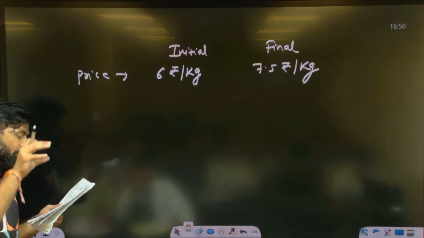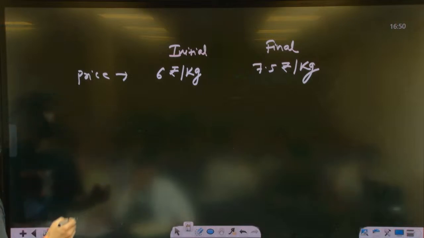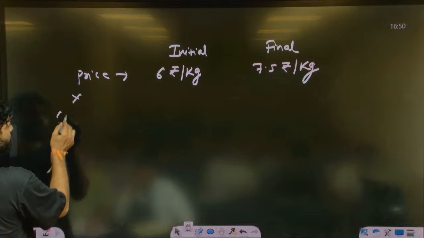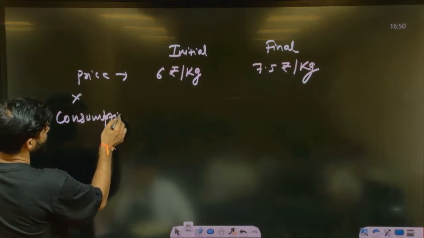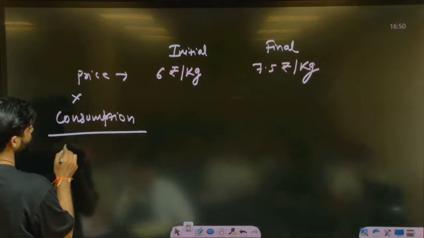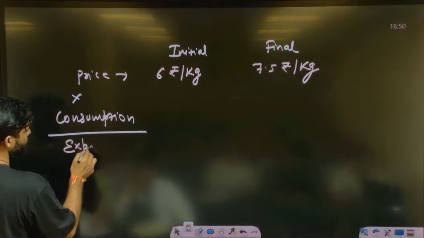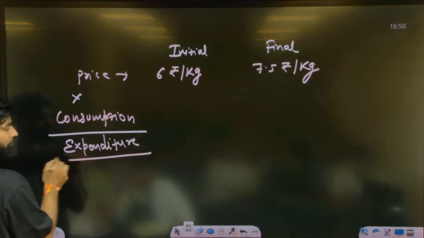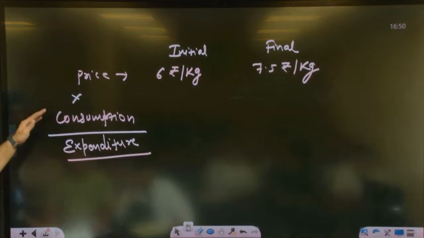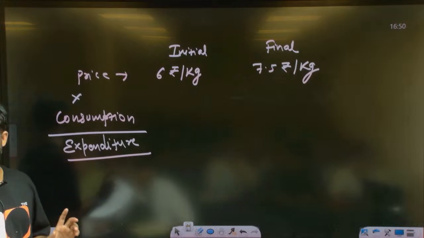Then find the percentage reduction in consumption. You know it very well. Price into consumption will give you the expenditure. We have done it earlier.